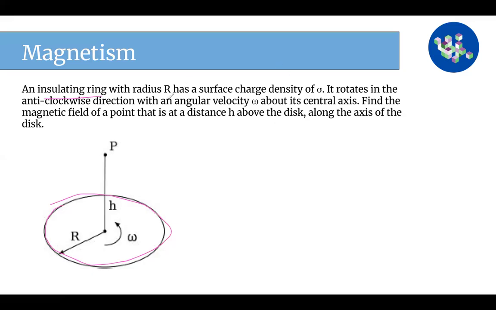So you can think of it as there's a current, but an important step is: if I have moving charges, how do I find the current in terms of the charge density and the velocity of the charges? From that, you can use the Biot-Savart law to find your magnetic field. I'll give you a few minutes to do this problem, and we'll talk about this in a bit.